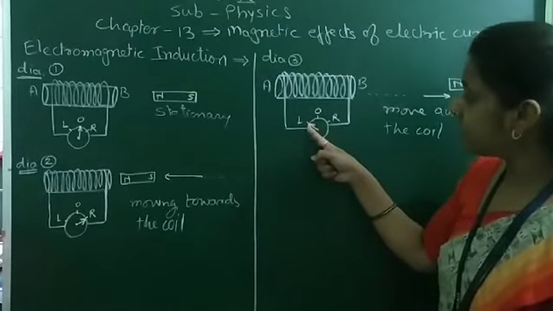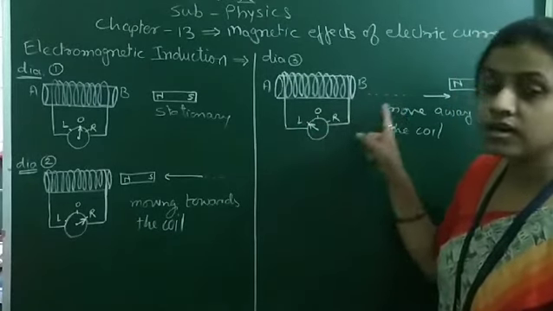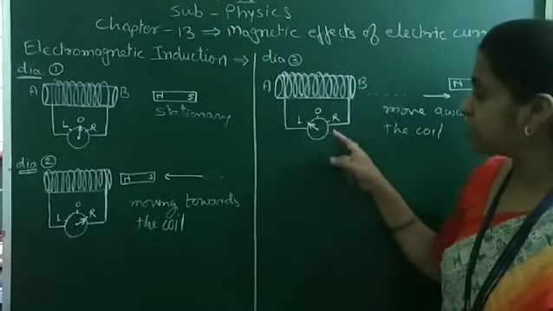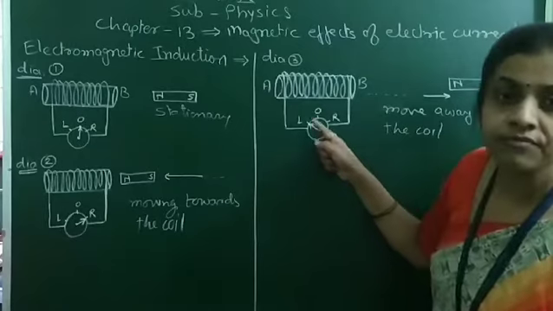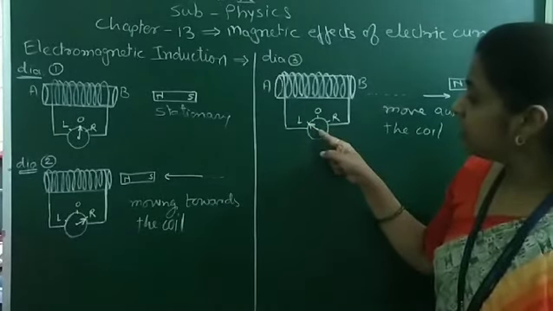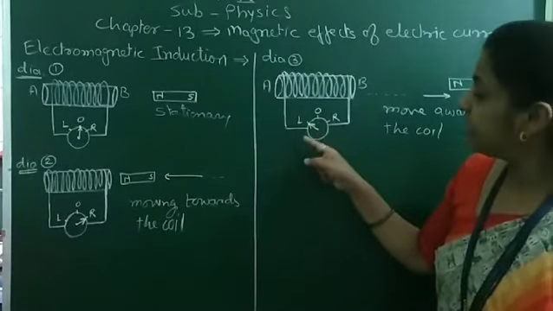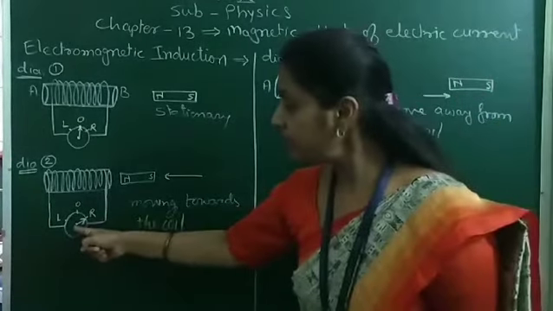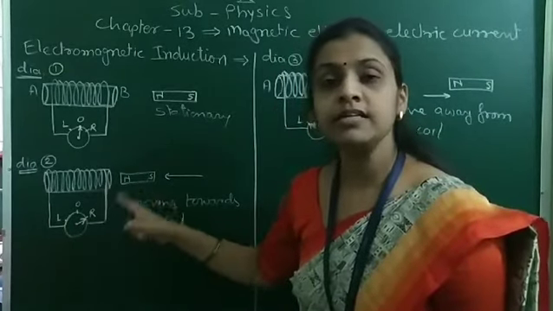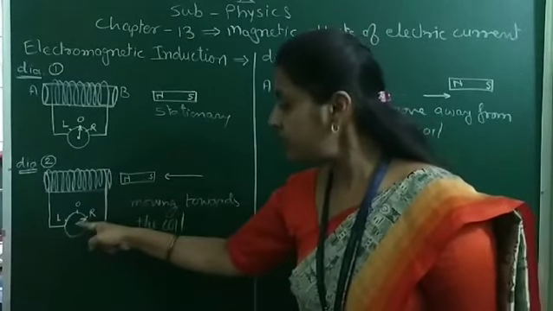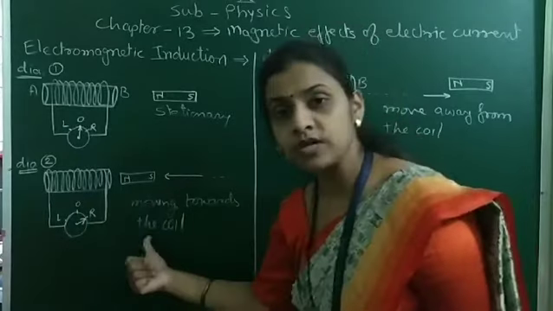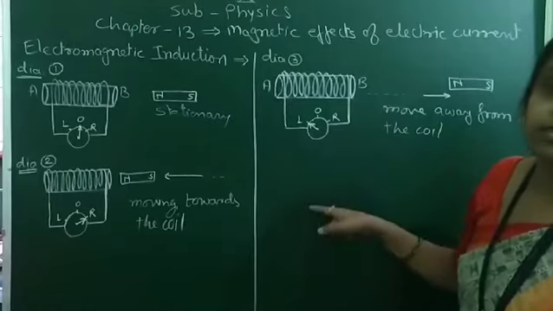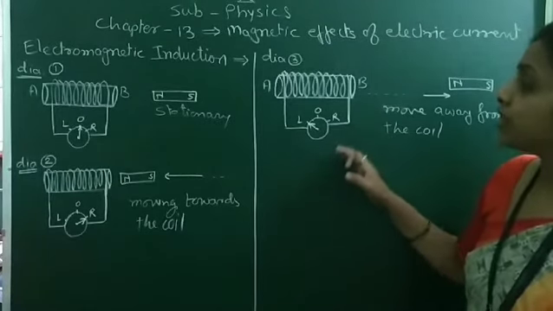It indicates that in this case also the current is flowing through the coil, but in the opposite direction. Whenever the needle deflects towards left, it indicates that the direction of the current gets reversed. And whenever the needle deflects towards right, that is the direction of the current. Whenever the needle deflects towards left, the current flows in the opposite direction.